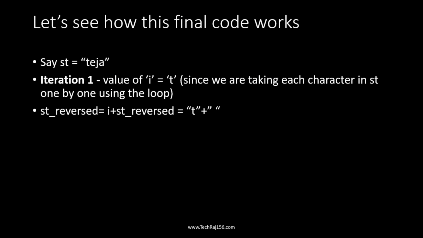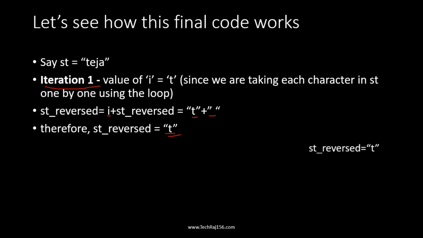St underscore reversed is equal to I plus st underscore reversed. So st underscore reversed is nothing but this empty string, and I is nothing but the first character in the original string, which is t. So there we go. So finally the st underscore reversed will be t after the first iteration. So you can see I'm saving this value over here. St underscore reversed is now equal to t.